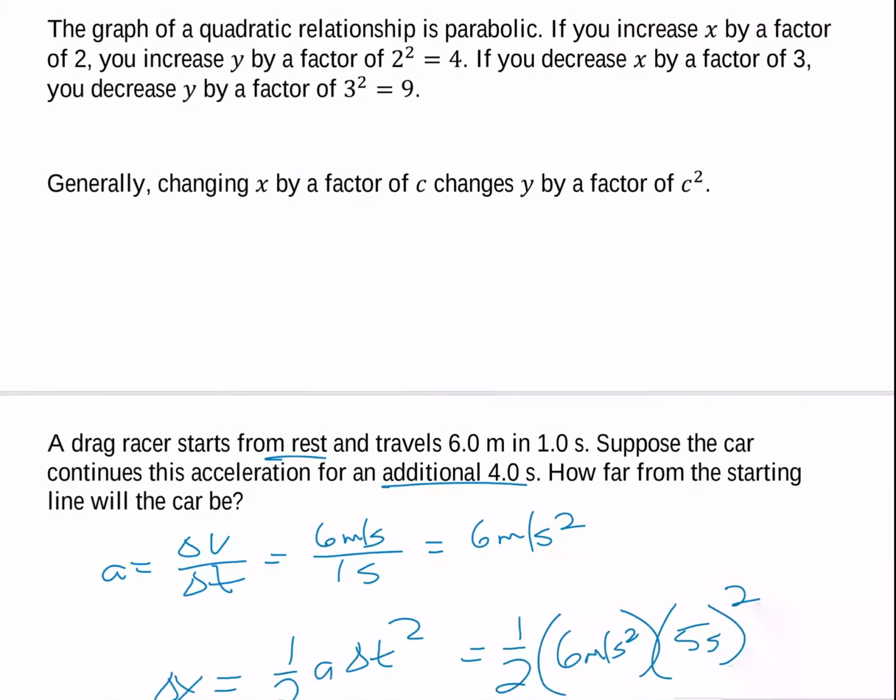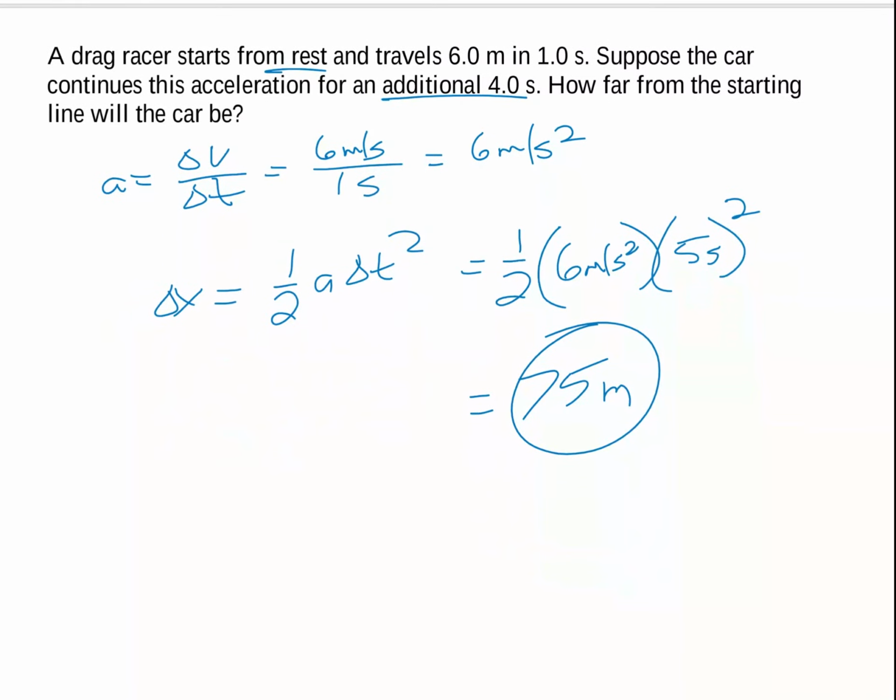If I go back to this, we changed the independent variable, time, by a factor of 5, it was 1, now it's 5. I needed to square that, get 25. And all I'm doing now is taking that 25 and multiplying it by the front of that term, okay?